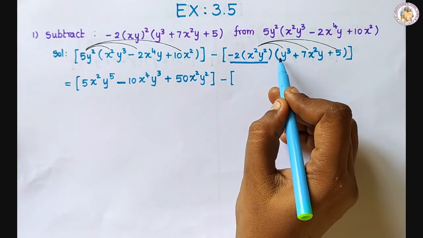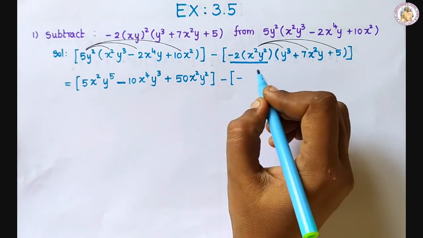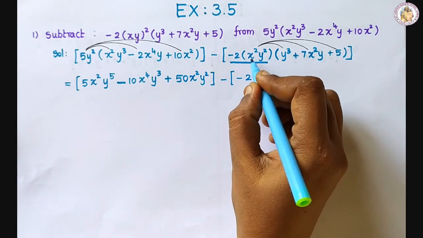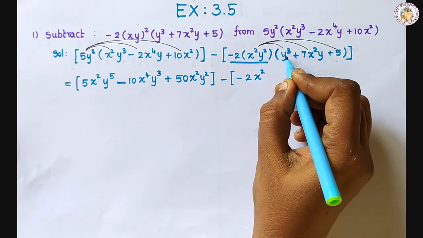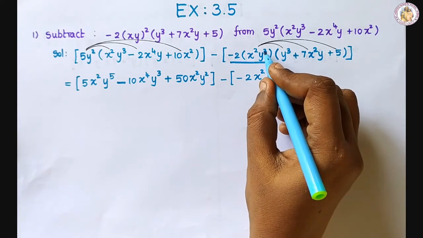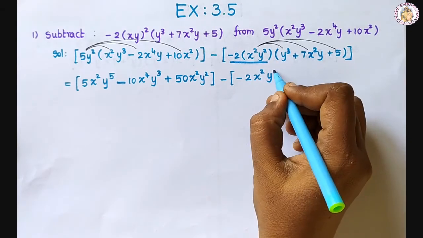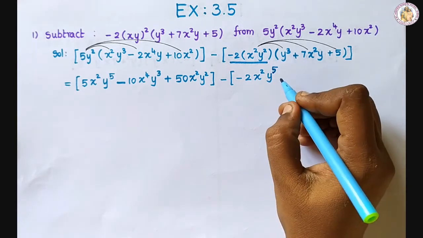Minus into plus, minus 2 into 1, 2, x squared here only, y squared into y cube, that is base are equal, add the powers, that is 5, 2 plus 3, 5.